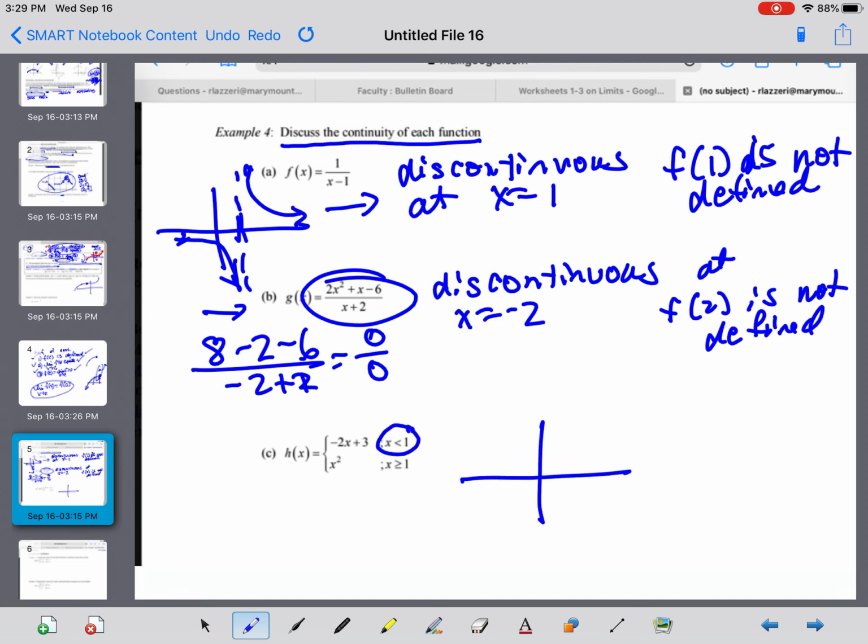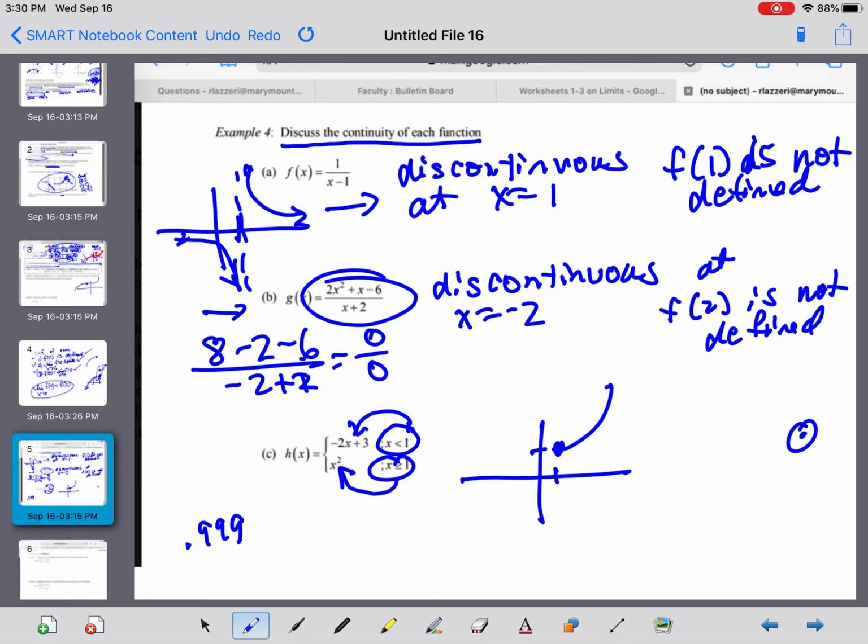On a piecewise function, it's always good to start, even though this is less than. Less than doesn't mean less than 1 like 0. It means 0.999. So I do go in and fill in 1 right here and leave an open circle. If I fill in 1 right here, I get 1. And then I fill in 1 right here, and a lot of times it'll pick up and do something. In this case, when I fill in 1 right here, 1 squared is 1, and so this actually picks up where the other one left off.